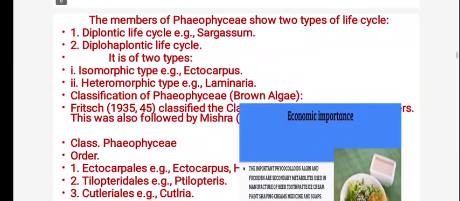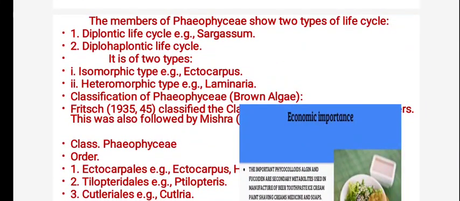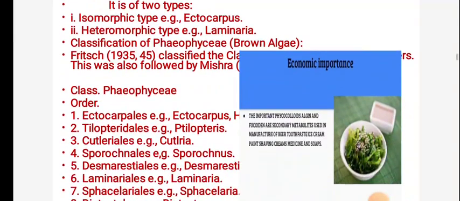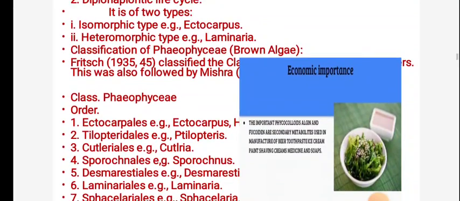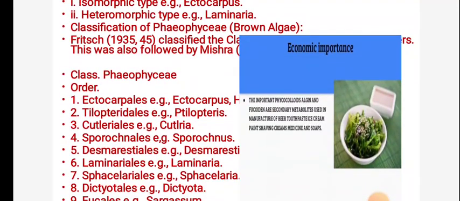Then, highlighting important characters, the members of Phaeophyta show two types of life cycles: diplontic life cycle, Sargassum, and diplohaplontic life cycle. It is also of two types, in which isomorphic is Ectocarpus and heteromorphic type is Laminaria. The classification of Phaeophyta, brown algae: Fritsch classified these classes, followed by Mishra in this one.